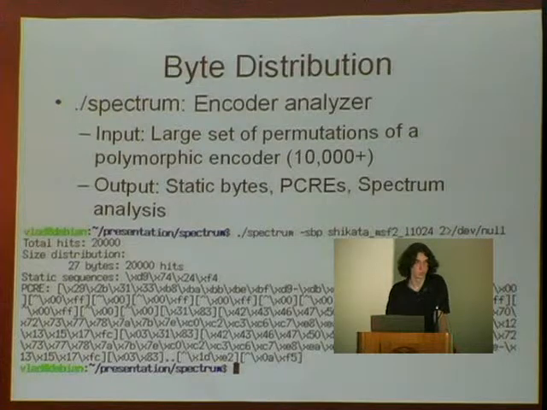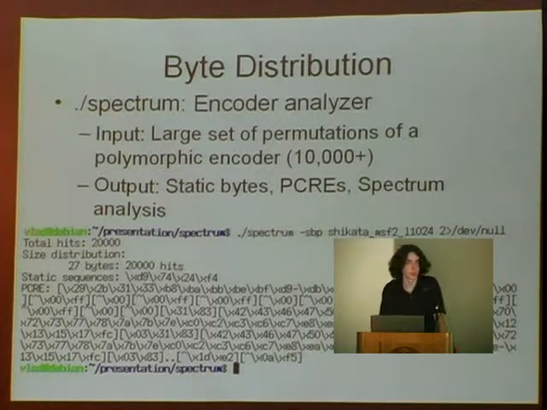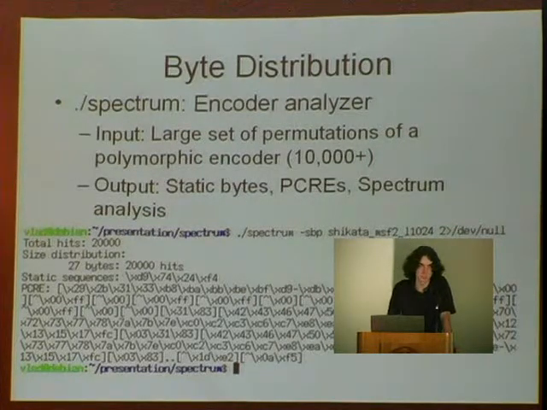You can also do spectrum analysis, which is something I'm not going to discuss because it's not really that useful for actually fingerprinting shellcodes and having it be consistent. But if you look down below, I'm sorry if you guys can't see that, it's just the dot spectrum program being run with the options SBP, which means size, static bytes, and PCRE, or Perl regular expression, on a file called Shikata MSF2 L1024, which means it's a bunch of Shikata Ga Nai encoders in Metasploit Framework 2 that are less than 1024 bytes.